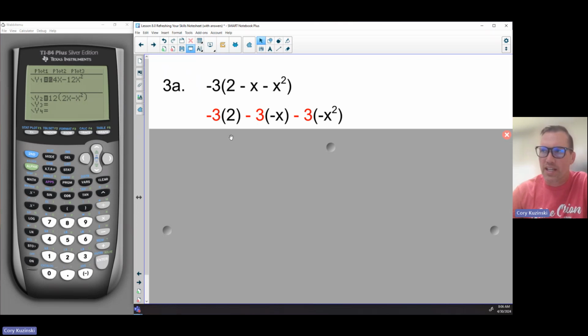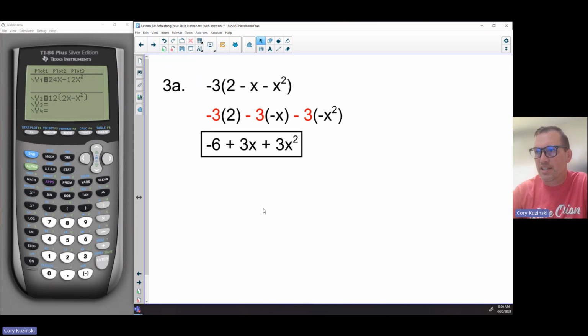So it's negative 3 times 2, and then negative 3 times negative x, and then negative 3 times negative x squared. 2, negative x, and negative x squared all need to be multiplied by negative 3. And the result of that is this. Negative 3 times 2 is negative 6. Negative 3 times negative x is positive 3x. You have a negative times a negative, or you're subtracting a negative, so you're really adding. And then negative 3 times negative x squared is positive 3x squared.